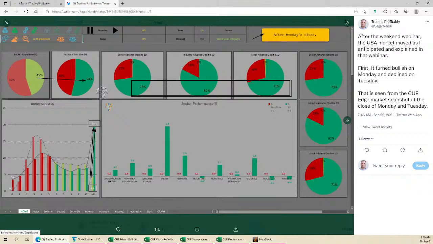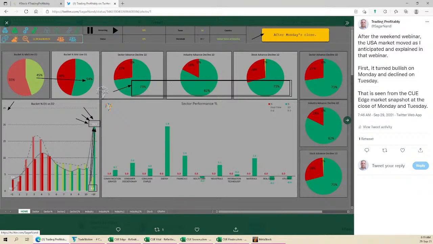And I have noticed whenever the most extreme bucket percentage goes up by 10% or more in one day, the market seems to reverse. That is true for the uppermost bucket. That is also true for the lowermost bucket. So this was an alert, and I was expecting the market first to go up and decline.